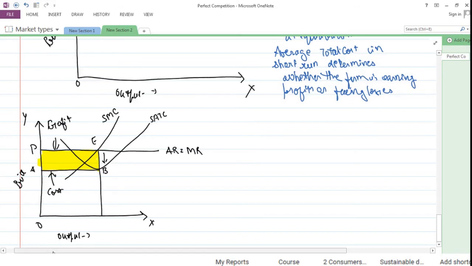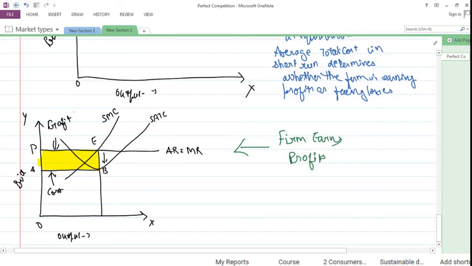So in this manner we would be seeing two additional scenarios. The first scenario states that a particular firm, this one is the profit making scenario. So let's write down: this is the first scenario that we saw. Here the firm earns profits.